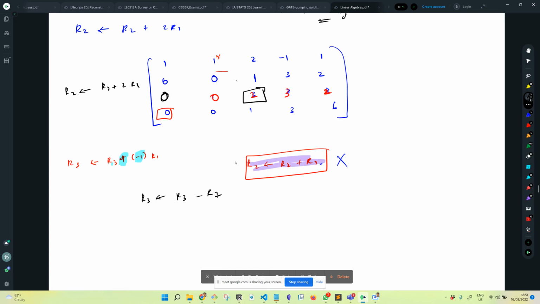All right. Is there any other way I can make this one? Oh, we need to make this entry 1, right? On the diagonal it should be 1. So you're saying R3 equals R3 minus 2 times R2, is it?